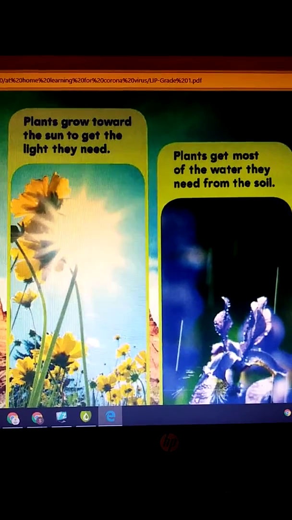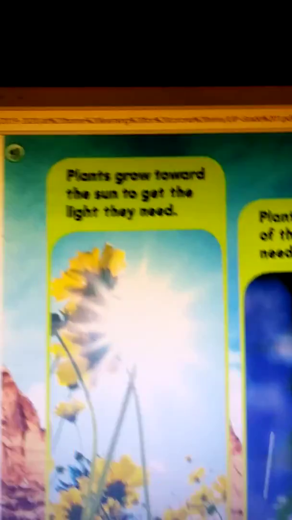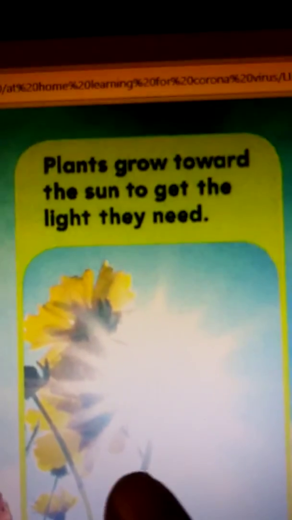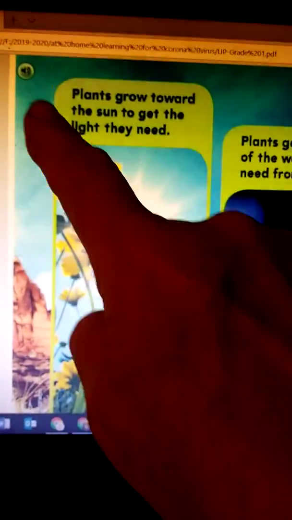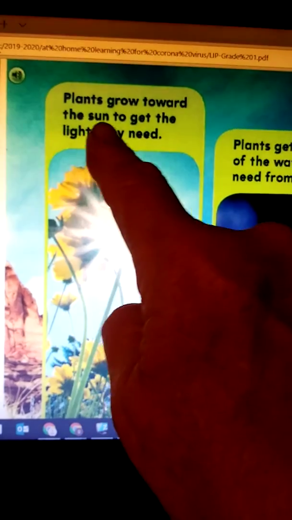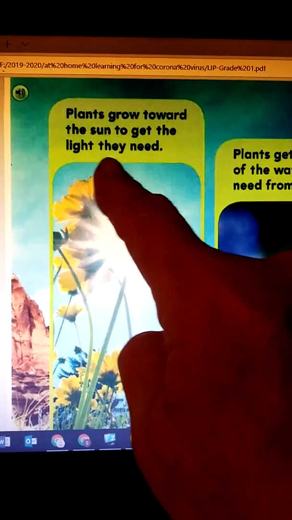Let's keep reading. I see captions on these pictures. There's one here that has some sunlight, so I think probably this page is going to talk a little bit about the sunlight in plants. Oh, I see some rain here, and another plant that looks like it's all wet. So I'm thinking that this might be about rain. Let's read the caption on the first picture. Plants grow toward the sun to get the light they need.